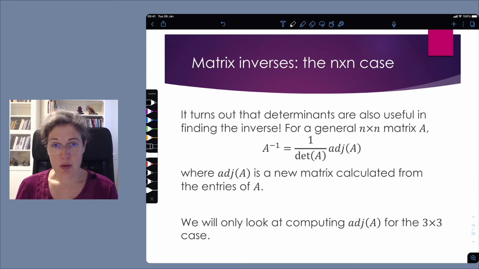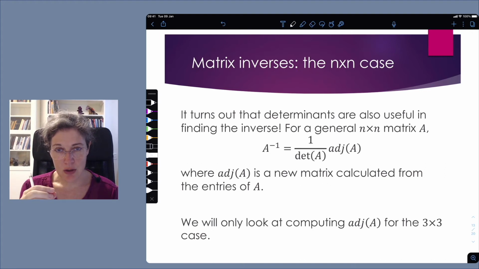Okay, so part of why we need the determinant is not only to tell if the matrix has an inverse, but it's integral in computing the inverse.